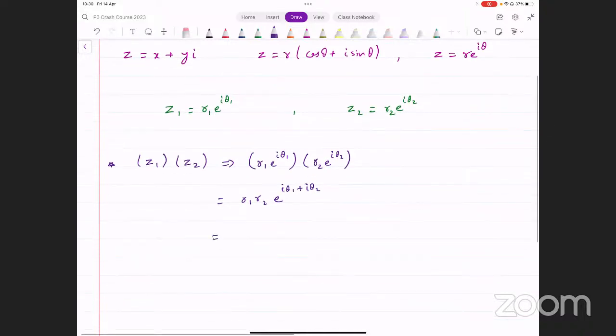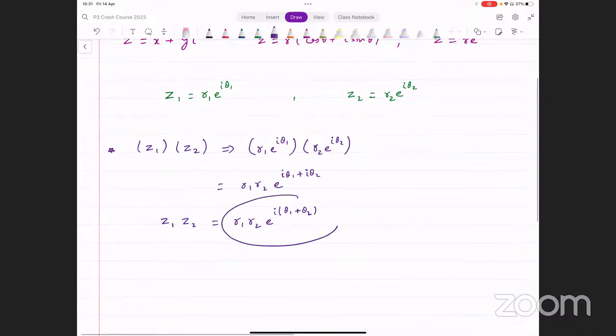If I take iota common from the power here, this would give us iota into theta 1 plus theta 2. So the product z1 z2 turns out to be r1 into r2 multiplied by e raised to power iota theta 1 plus theta 2.